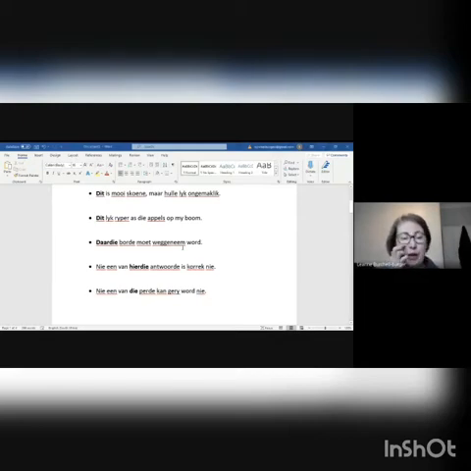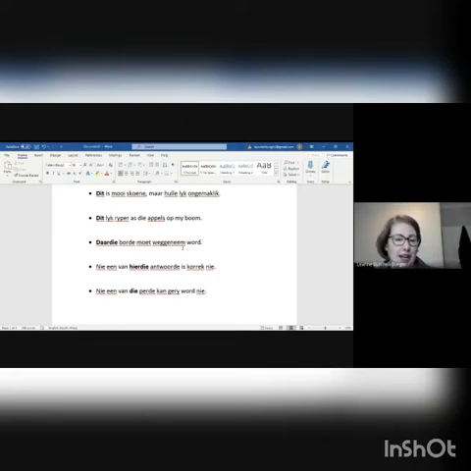So you are pointing out an apple or apples. Daardie borde moet weggeneem word. Now, there might be a table full of plates and you are being pointed at a specific pile of plates. Daardie borde moet weggeneem word. So they don't want all of it taken away, just the ones that are being pointed out.